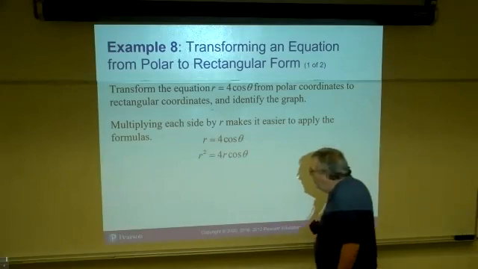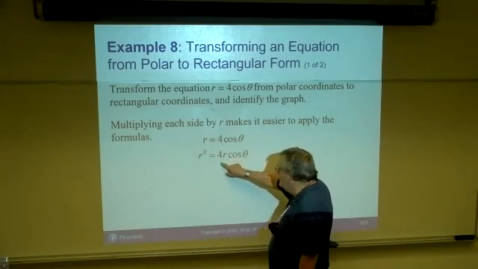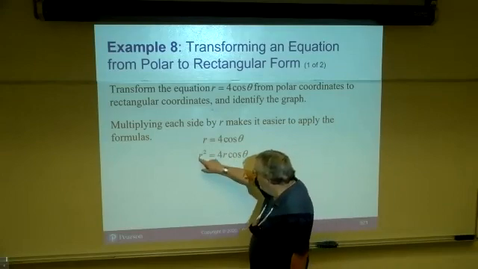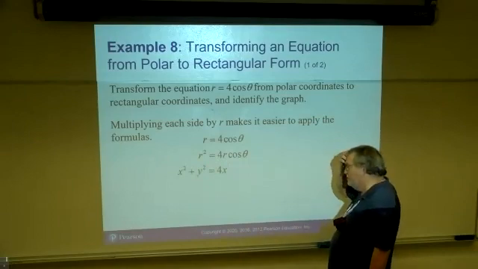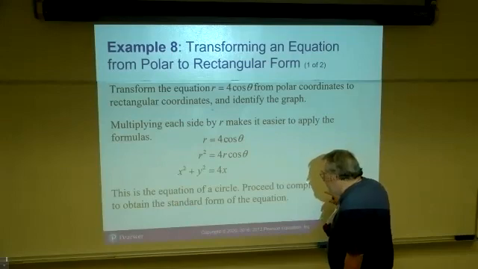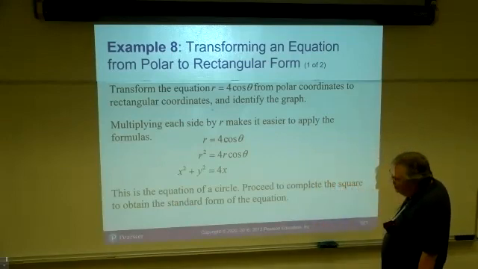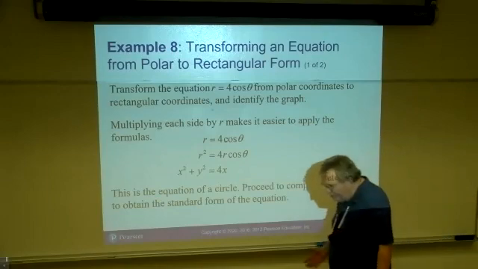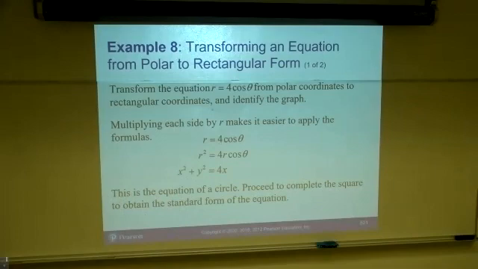So the r cosine theta becomes x, so this is 4x over here, and r squared becomes x squared plus y squared. And they state that this is the equation of a circle. They proceed to complete the square to obtain standard form of the equation, which is what we always want to do. We always want to put it in standard form.